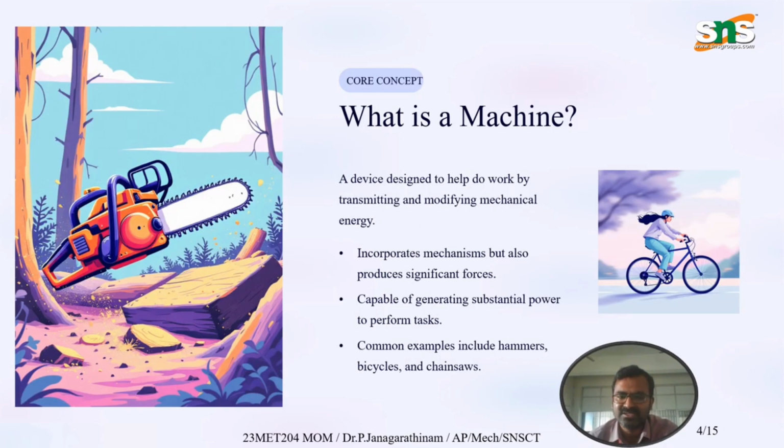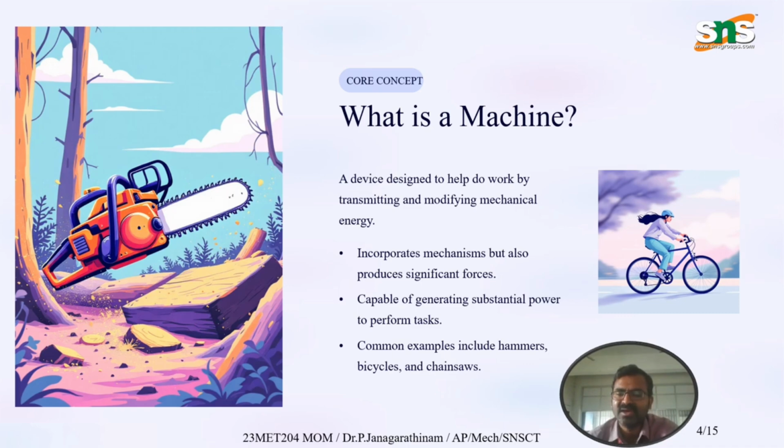Then what is a machine? A machine is a device designed to help do work by transmitting and modifying mechanical energy. One form of mechanical energy is converted into another form by using some kind of mechanism. It incorporates mechanisms but also produces significant forces. We use small forces to attain maximum energy, and it is capable of generating substantial power to perform the task.